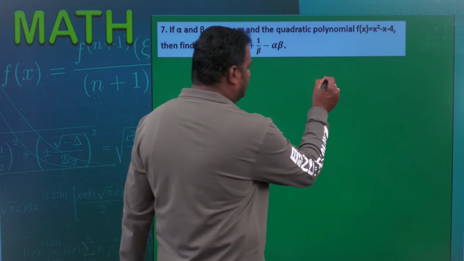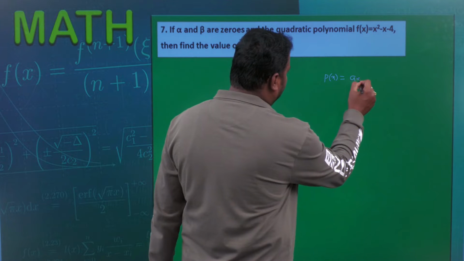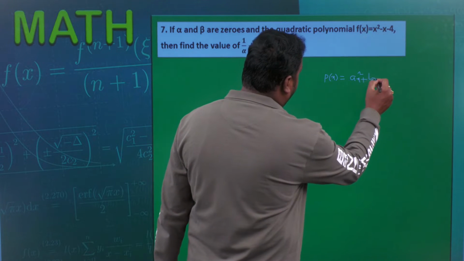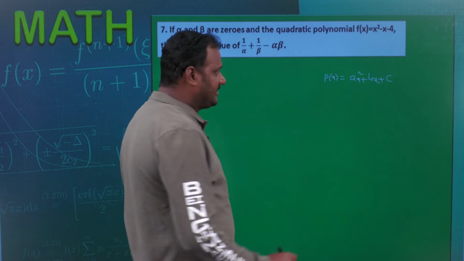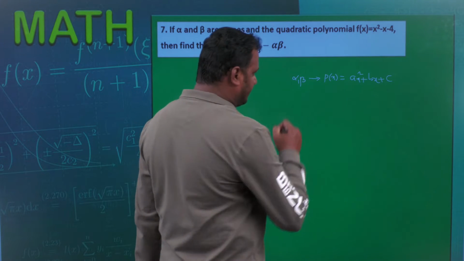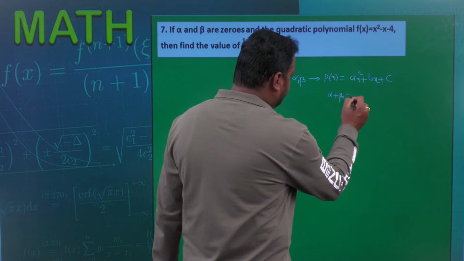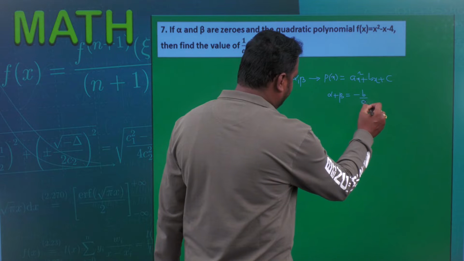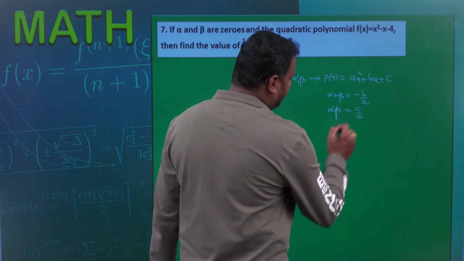So for example, my quadratic polynomial p of x is ax square plus bx plus c, and alpha comma beta are zeros of this polynomial. Then alpha plus beta is going to be minus b by a, and alpha into beta is going to be c by a. Right?